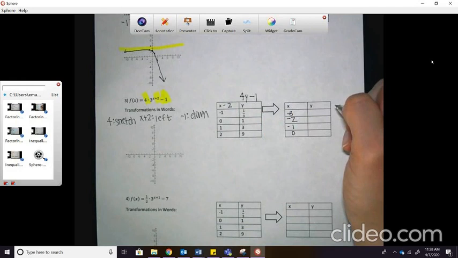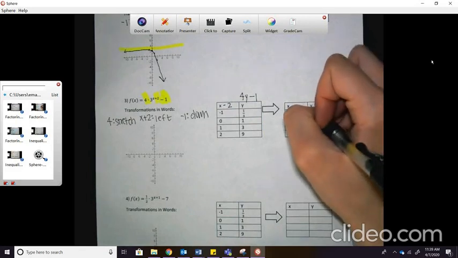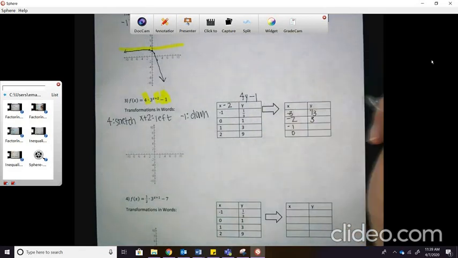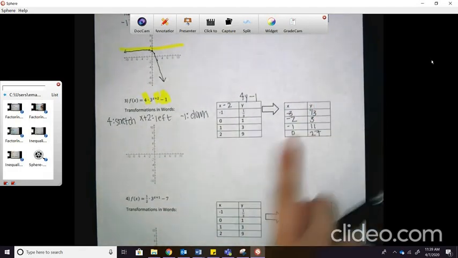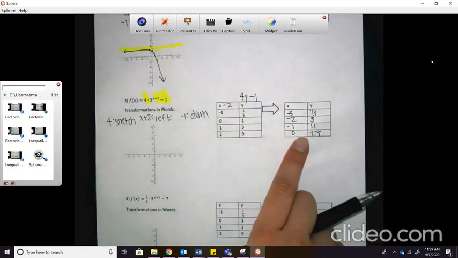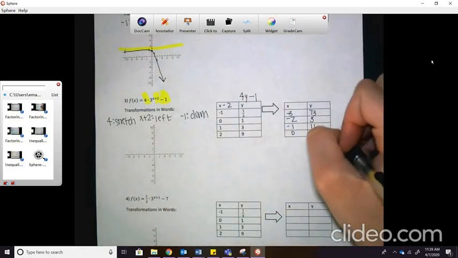So 4 times 1/3 minus 1 is actually just going to be 1/3 again. 4 times 1 minus 1 is 3. 4 times 3 minus 1 is 11. 4 times 9 minus 1 is 27. And as you can see, we grew super fast. So that's because we are stretching. And I'm sorry, 4 times 9 is actually 36 minus 1, which is 35.